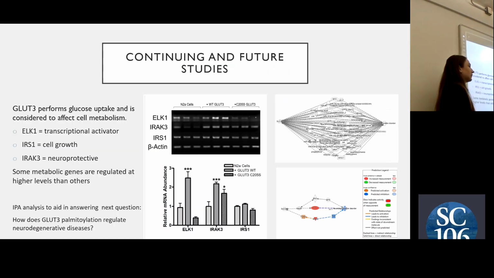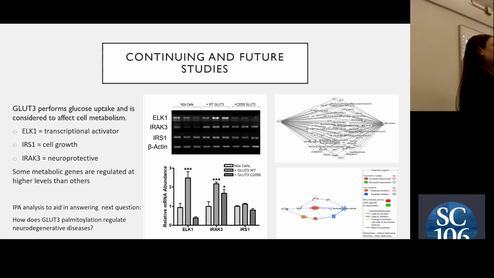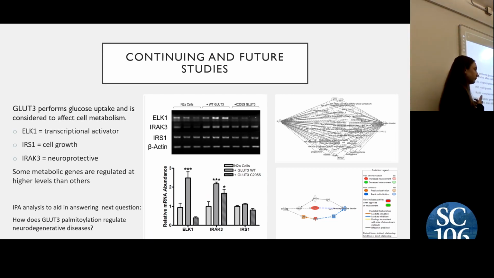So now that we know that polymethylation aids the GLUT3's ability to be in the plasma membrane, and also encourages the GLUT to pull in glucose as per the cell's needs, we wanted to know, what does this mean downstream?